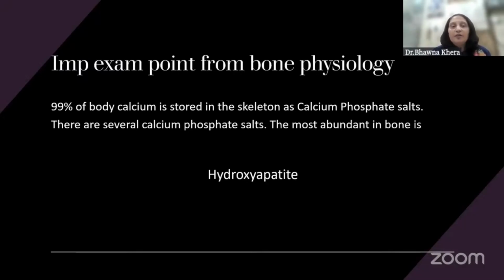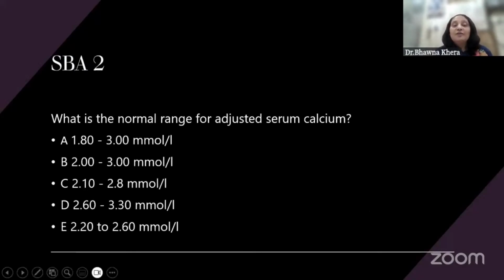What is the level, how much is in the ionized form, which is the most abundant form: all these questions are very important. They sometimes also give you values for enzymes, like the calcium level and serum alkaline phosphatase, and ask about the various hormones which affect calcium metabolism. All these are very favorite questions of RCOG. So this is an extra tip and bonus point before we move on to the next question.